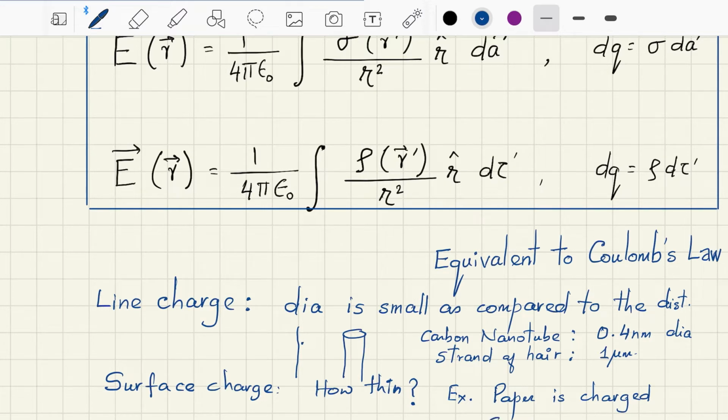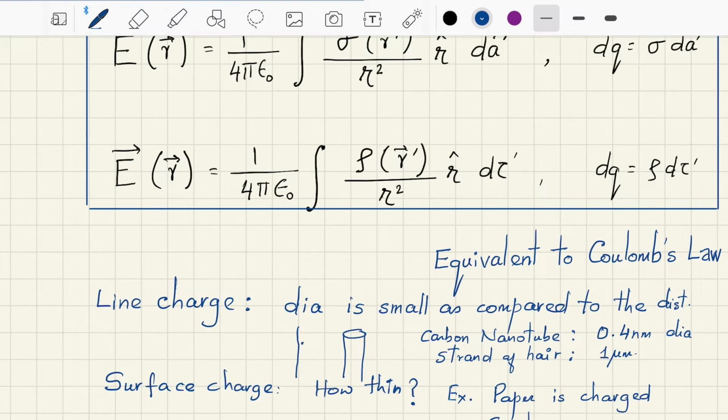But graphene, a single layer of graphite that we can extract, is called graphene. It is a single layer of carbon extracted from graphite, which is layered. What is its thickness? It is about 0.335 nanometer. And what is the separation between consecutive layers in graphite? It is about 0.14 nanometer.